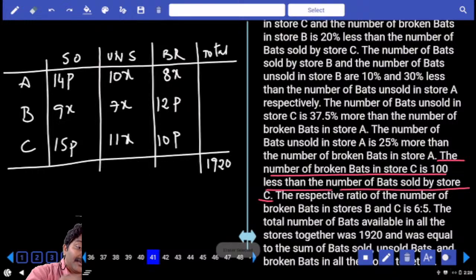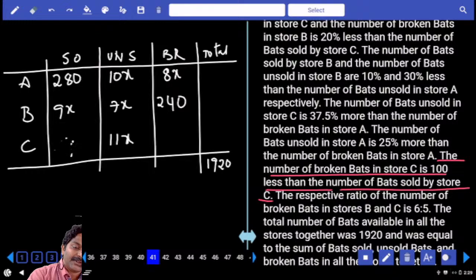Let's write all the values here. 14 20s, 280. 12 20s, 240. 10 20s, 200. 15 20s, 300.